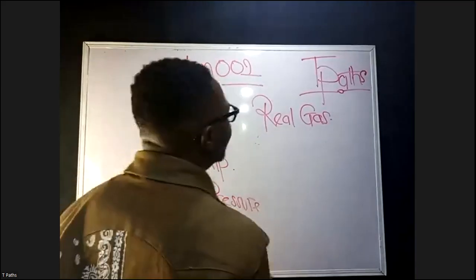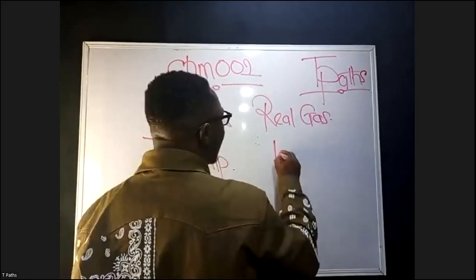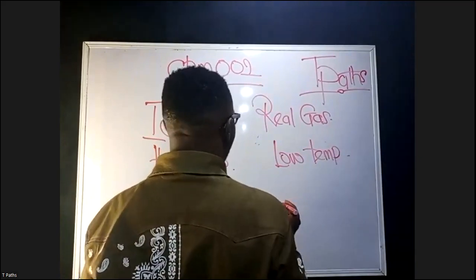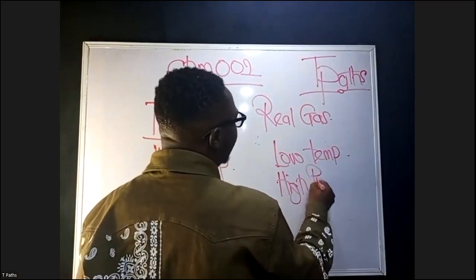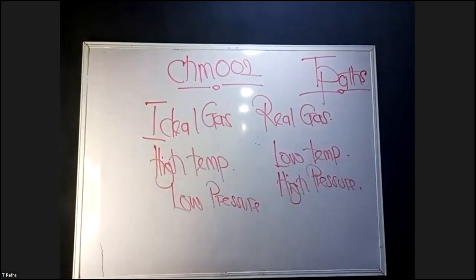But for real gas, we say that ideal behavior is deviated from when we have low temperature and high pressure. When this happens, we say, oh, this is a real gas.